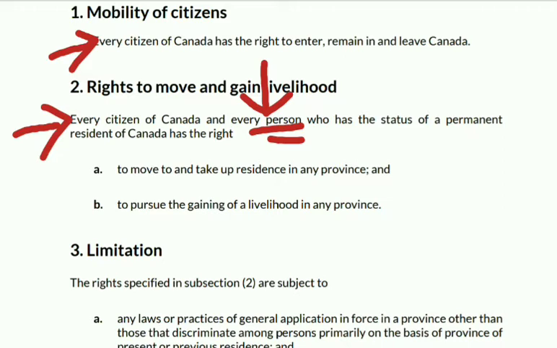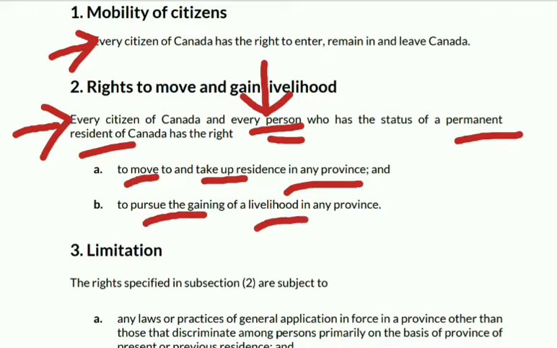So in this article it has been mentioned that every citizen and every permanent resident has the right to move to and take up residence in any province. He can move and he can reside in any province, and to pursue the gaining of livelihood in any province. So he can live in any province and he can work in any province for his livelihood.